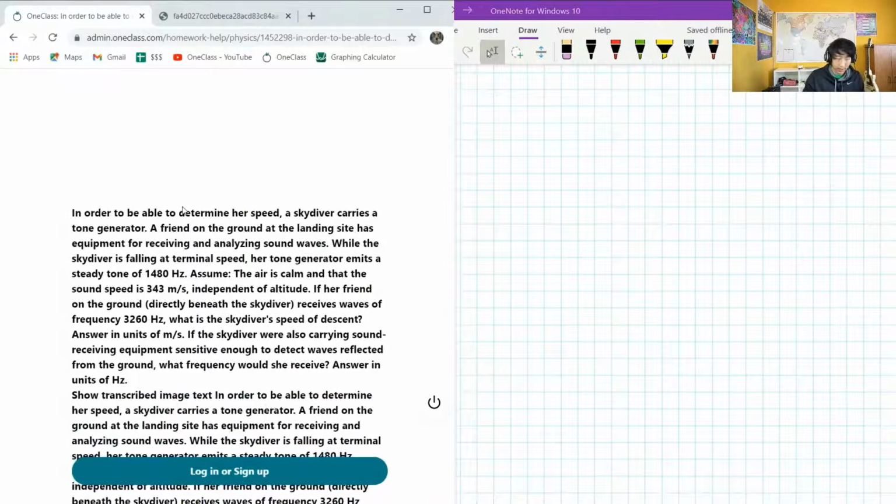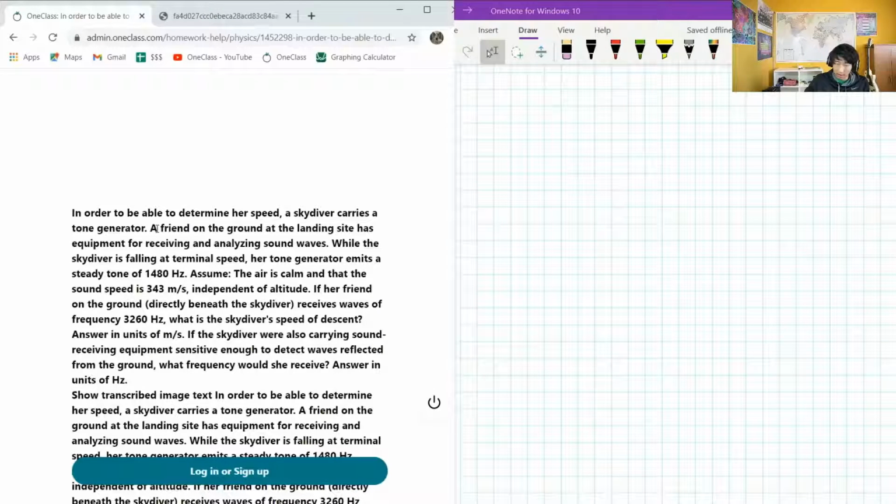Okay, so this is the next question that we have on the menu today, and it's presenting us a situation where we have a skydiver that is trying to figure out her speed. And the skydiver is carrying a tone generator, pretty much just a speaker that makes a single frequency of sound.